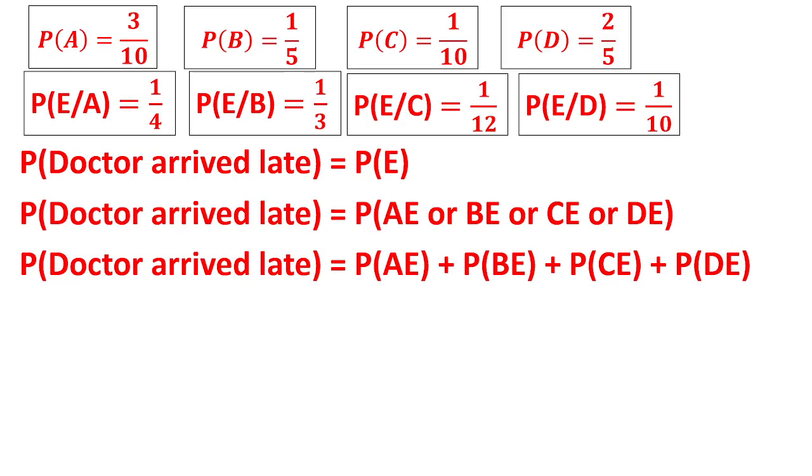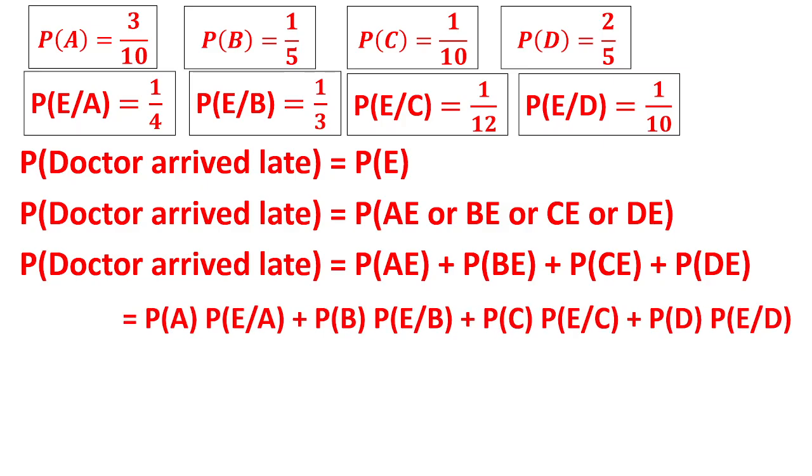Add them, and we use the multiplication theorem of probability. P of A∩E means P of A into P of E given A. What is the meaning? P of A means he traveled by cab, multiplied by coming late by traveling by cab. P of B means traveled by metro, multiplied by the probability of coming late by traveling by metro. Like that you have to do it.